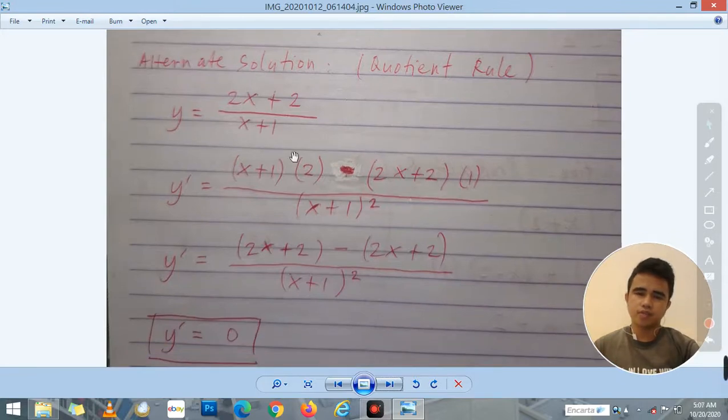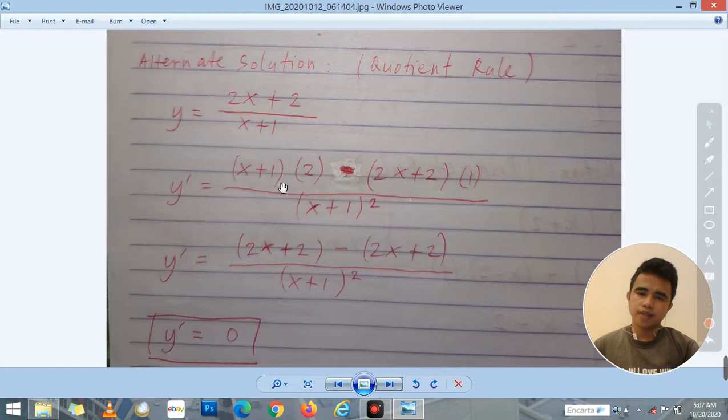Applying quotient rule, the denominator times the derivative of the numerator. The derivative of this is equal to 2 minus numerator times the derivative of the denominator, which is equal to 1, over denominator squared.